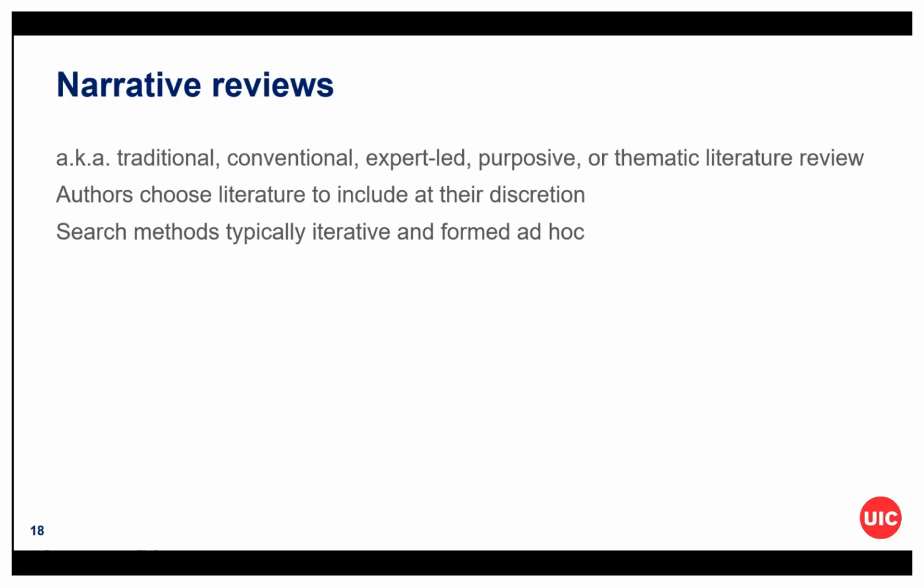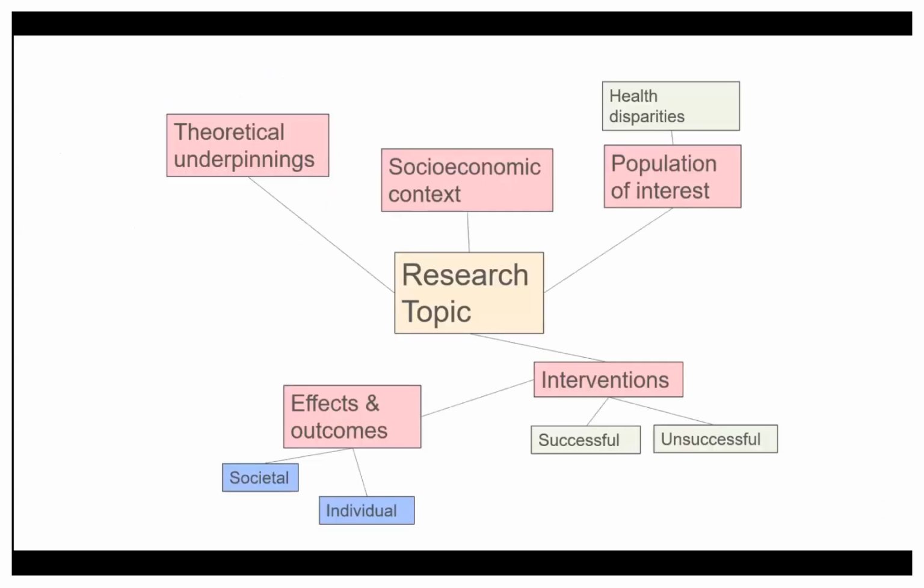It's really helpful for selecting suitable research methods, and assisting in the formulation or evaluation of policies, programs, or services. So you can kind of go in any direction you want with a narrative review. And you might also see them called purposive or thematic.